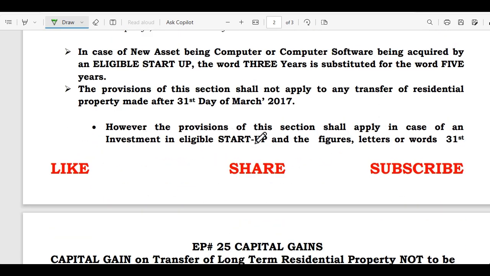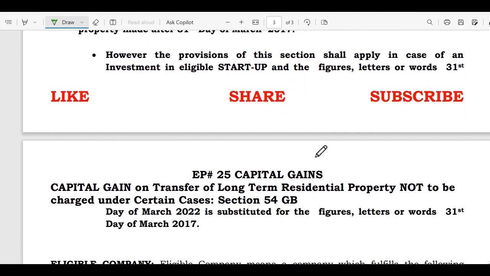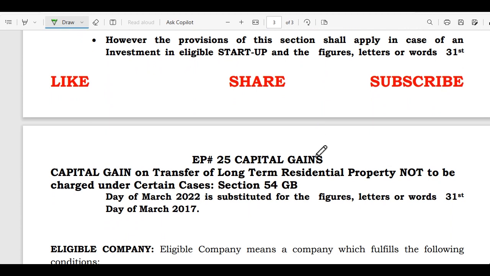However, the provisions of this section shall apply in case of an investment in eligible startup, and the figures, letters and words 31st day of March 2019 are substituted for the figures, letters and words 31st March 2017.